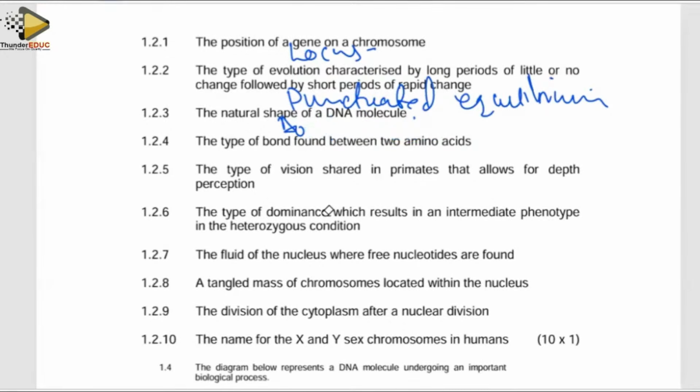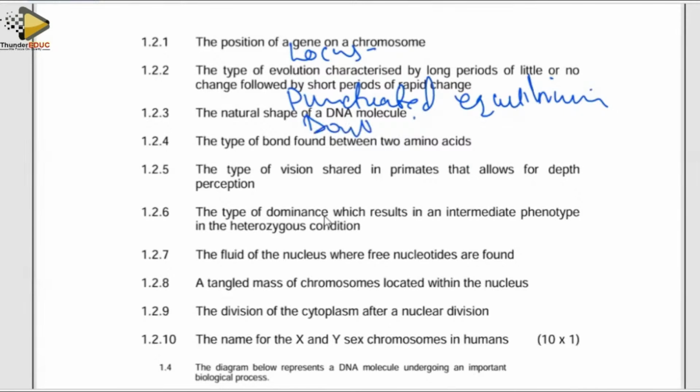If you guys can't remember what we said, we just said double helix. The type of bond formed between two amino acids, what did we say? Peptide bond. The type of vision shared by primates that allows depth perception, how do you call that?